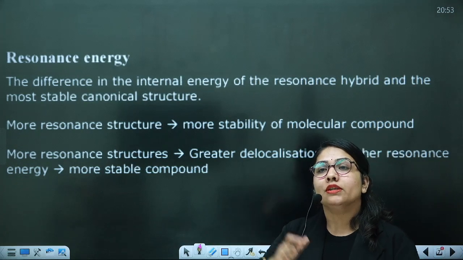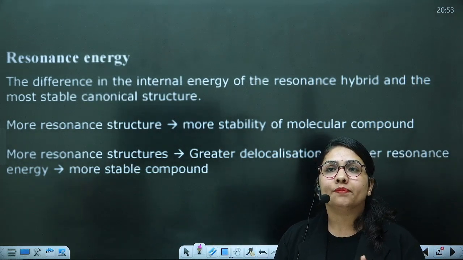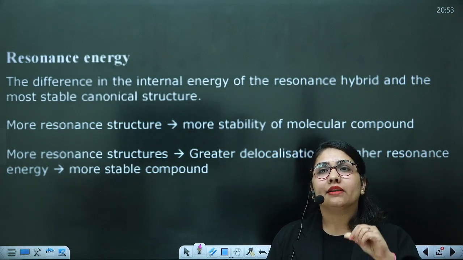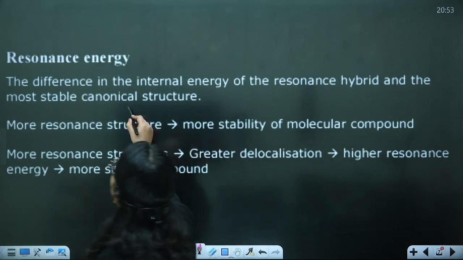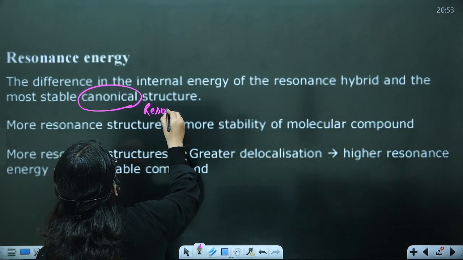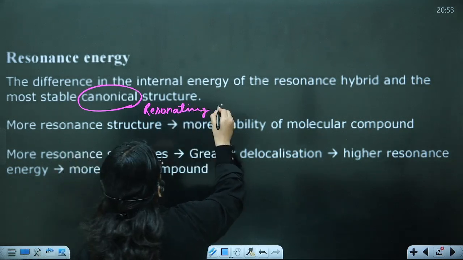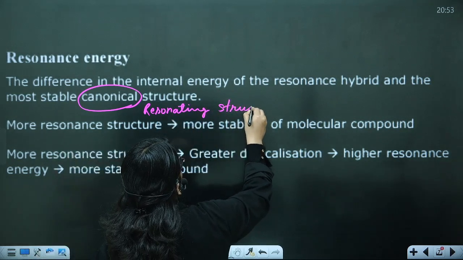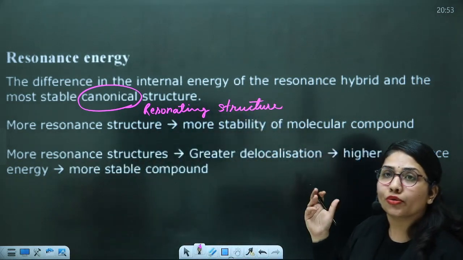Now coming to the resonance energy: the difference in the internal energy of the resonance hybrid and the most stable canonical structure. Here this word is written canonical structure. It also means resonating structure. Sometimes we call this a contributing structure also.